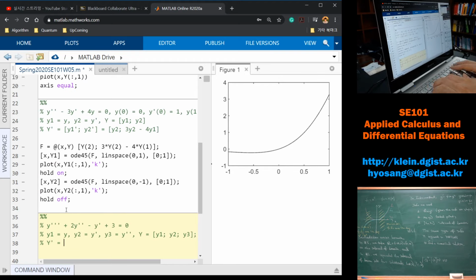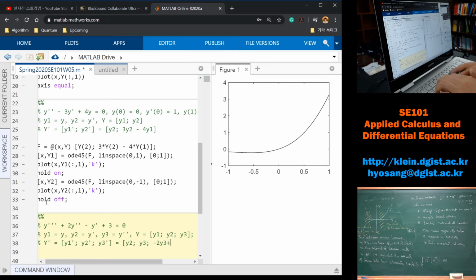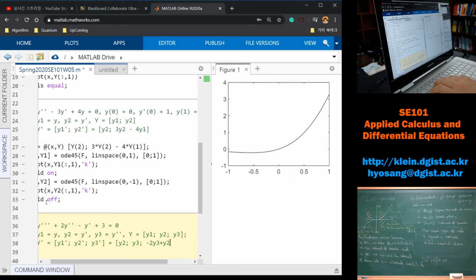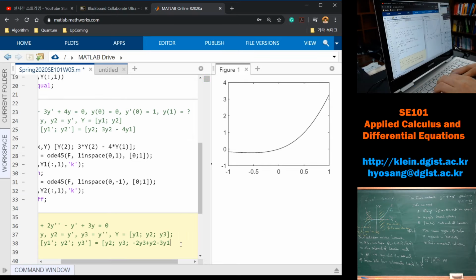And y prime is now y1 prime, y2 prime, y3 prime. Now it's simple. y1 prime is simply y2, and y2 prime is simply y3. The only difference is y3 prime, which is y triple prime, which is now 2 times y double prime, which is y3, plus 1 times y prime, which is y2, so let's say 3y here, and then minus 3 times y1.